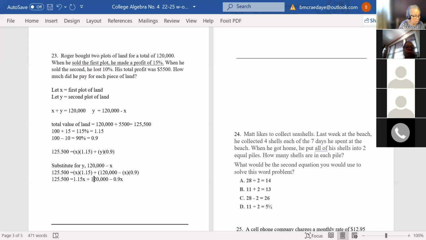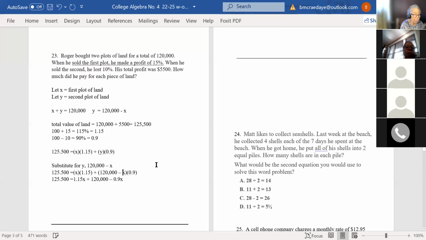No, 0.9 from 1.15 is 0.25x. You guys get 2.5x? Because 1.15, you put the decimal points on the decimal point.